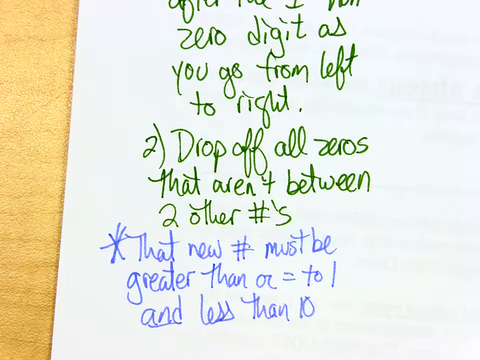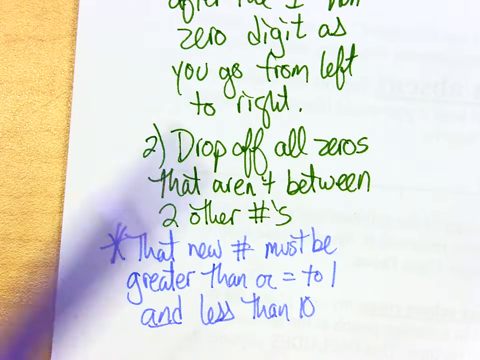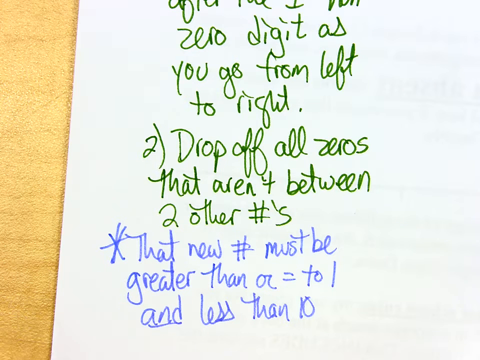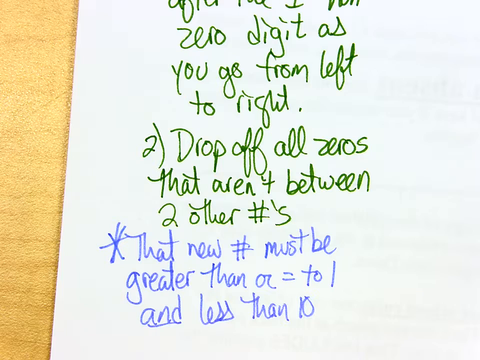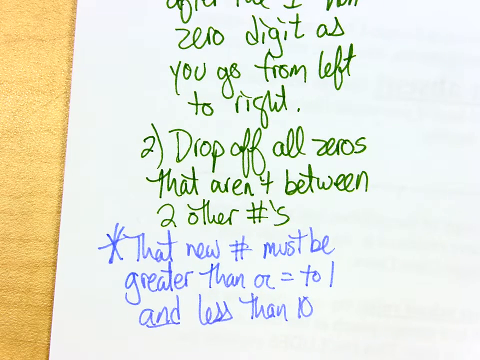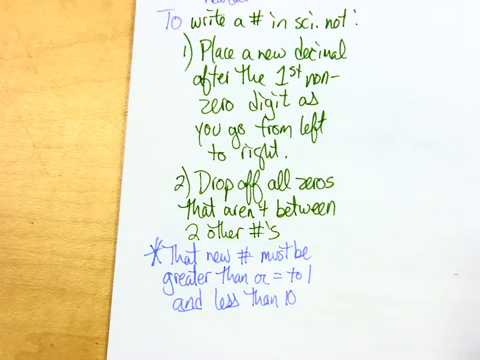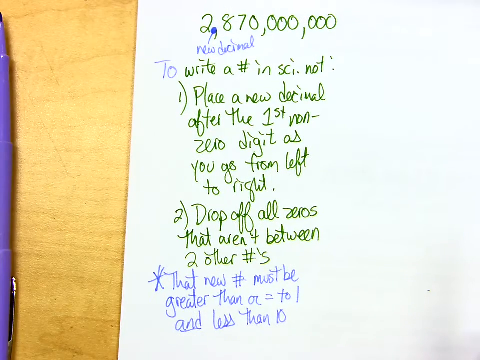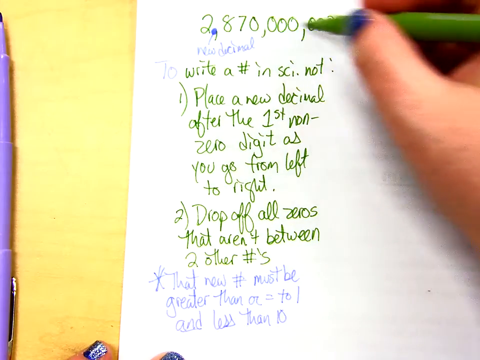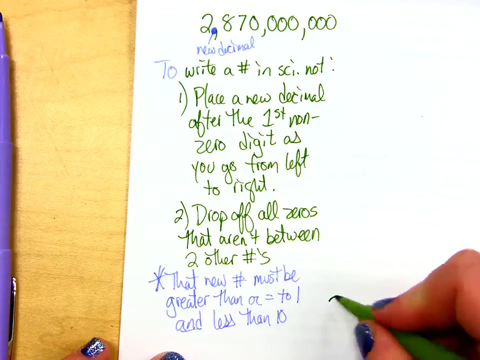If that first number is not between 1 and 10, it's not correct scientific notation. So if we look at our example, when we drop off those zeros, my new number is 2.87.